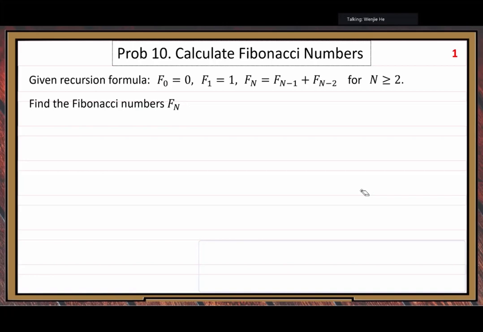But the question is, what is the fastest way to calculate Fibonacci numbers? If it is very slow, then your algorithm is useless, because the most important consideration for us here is its efficiency.